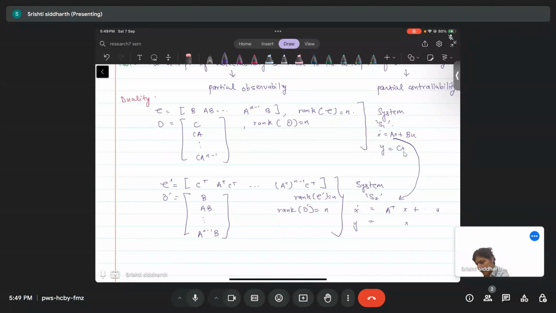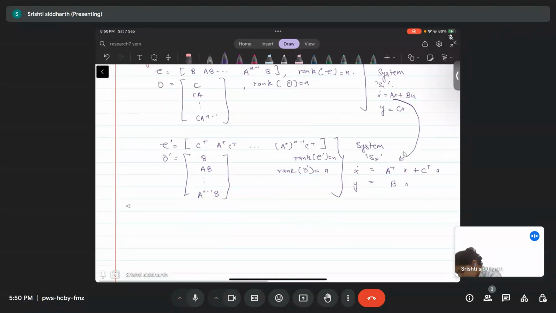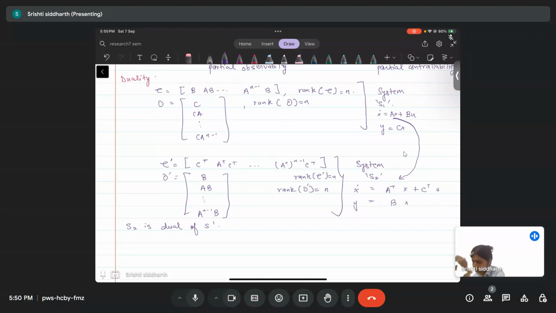Then we have C transpose instead of B, and then we have B. So the system S2 is dual of the system S1. So if you have to talk about controllability of the system S1 by using this matrix, we can also comment on the controllability by defining this matrix C prime.